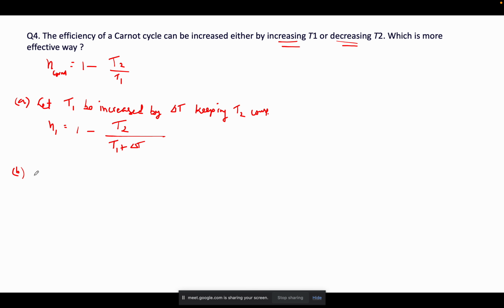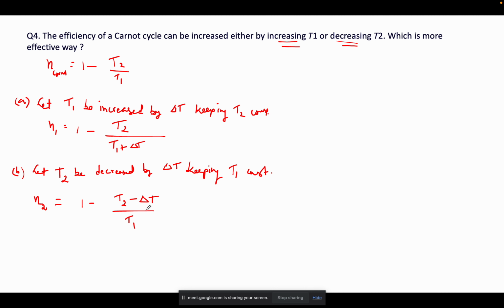Now let me do the second case: let T2 be decreased by delta T, keeping T1 constant. Then in that case my eta 2 will be 1 minus T2 minus delta T divided by T1.